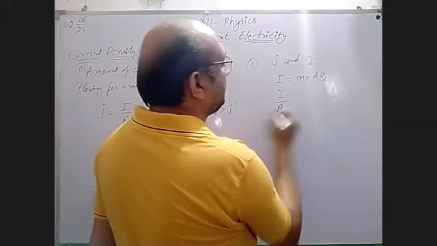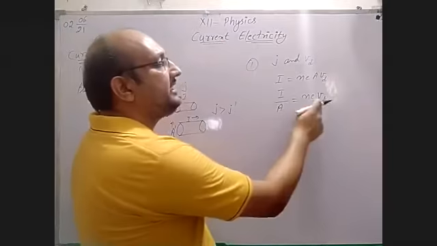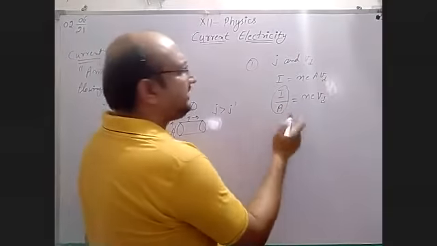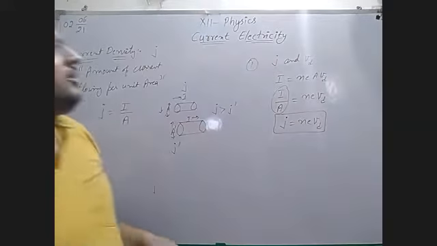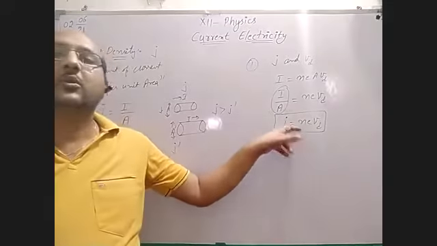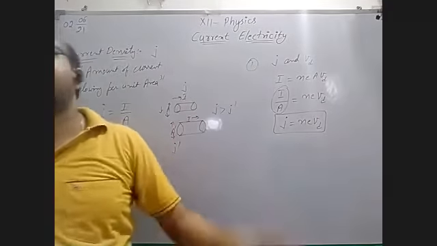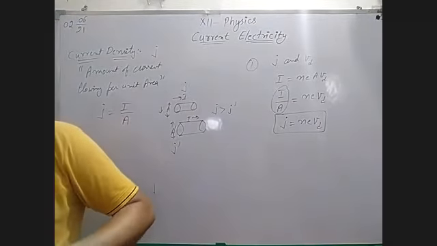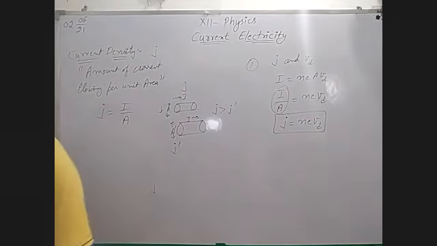This is I, this is A, and the remaining thing is NE VD. I upon A is current per unit area, so this is the formula. If you know how to derive the current and drift velocity relation, then you can also derive this relation. Divide current by area, and all the formulae in terms of current can be converted into terms of current density.